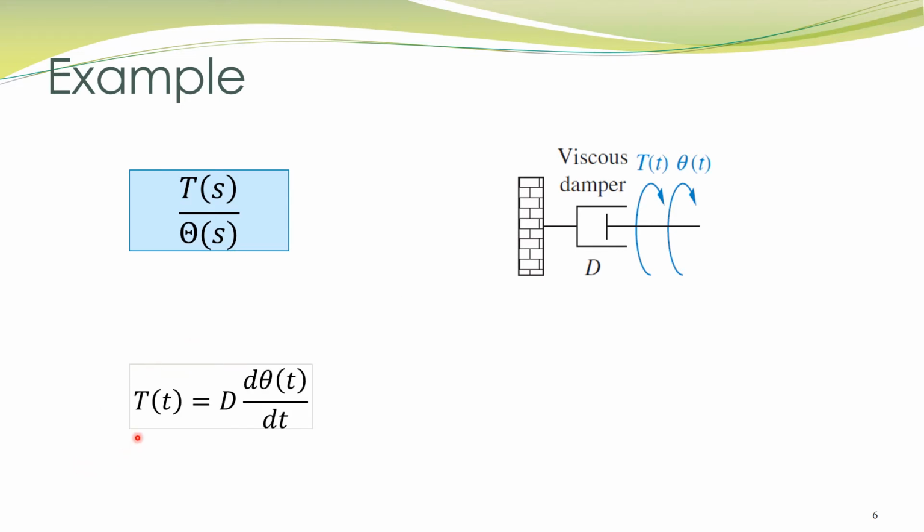This relation relates torque with angular displacement. The same relation written in the Laplace domain is given by T of s equals D multiplied by s into theta of s. Therefore, the ratio T of s over theta of s is D multiplied by s, which is the mechanical impedance of a viscous damper with rotational displacement.